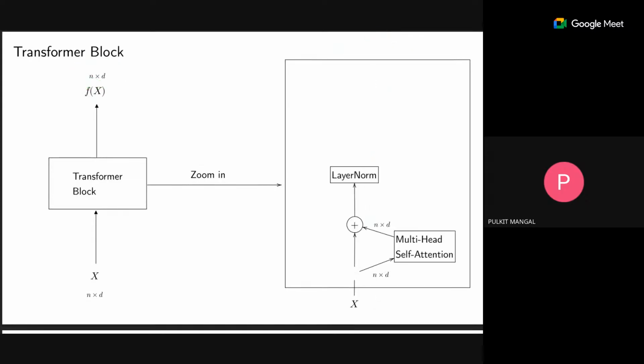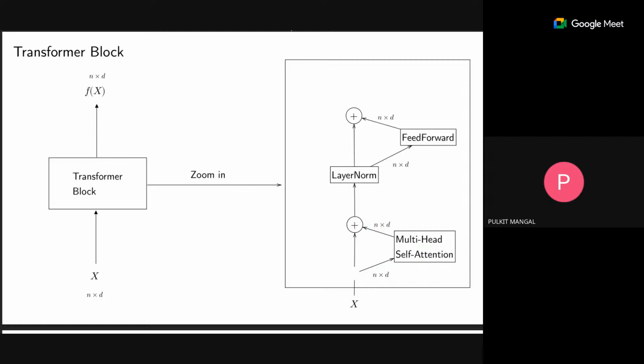In each transformer block, we take this n cross t matrix X and pass it in two ways using the skip connection. One way is the multi-head self-attention. We will look into what actually happens in multi-head self-attention, but for now think of it like some box in which we pass it and it outputs a matrix of the same dimension. Using skip connection, we add them, then pass it to the layer norm. This is a kind of normalization technique. We will look into it a little while later.